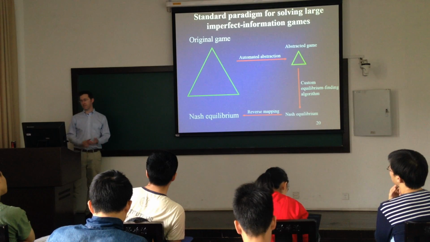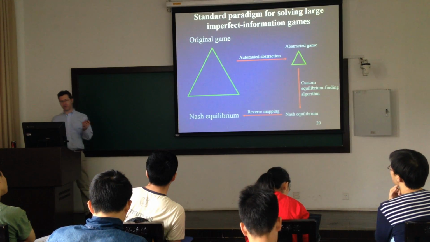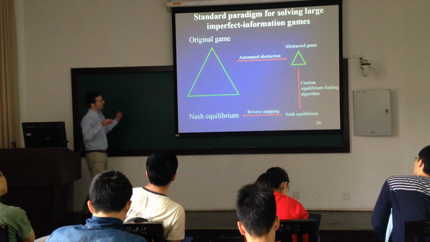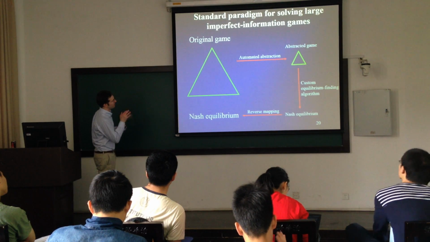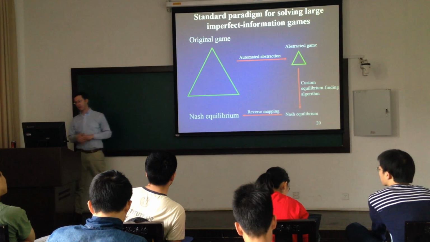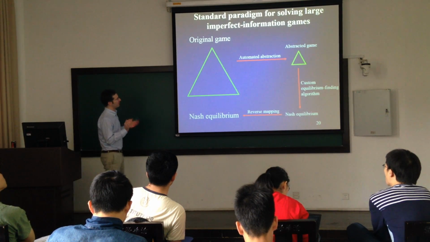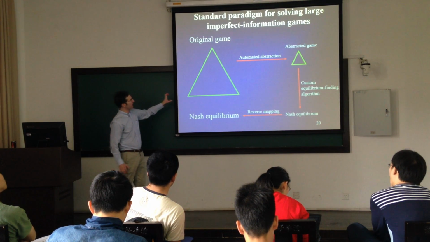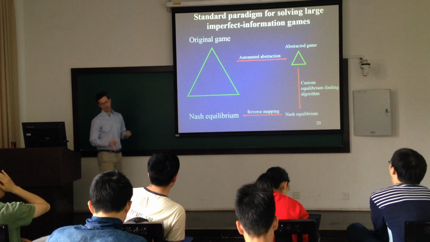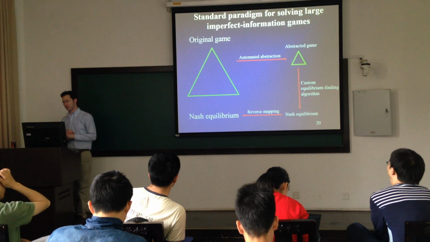the standard paradigm that's emerged has been the following. Rather than just applying an equilibrium algorithm to solve it, we typically apply what's called an abstraction algorithm, automated abstraction, to reduce the full game to a smaller game that's strategically similar to the initial game.